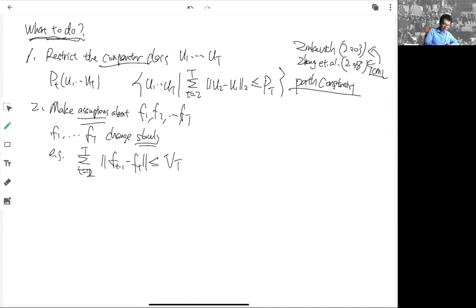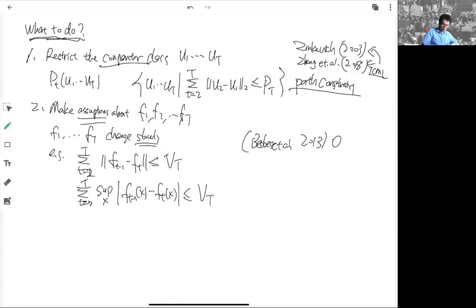Specifically, since this is a norm for the function, think about it as an L infinity norm: the sup over all possible x of the absolute value of f_{t-1}(x) minus f_t(x), summed, is smaller than VT. And this VT is what they call the variational functional of how this function could change. This assumption was pioneered in Besbes, in operations research.